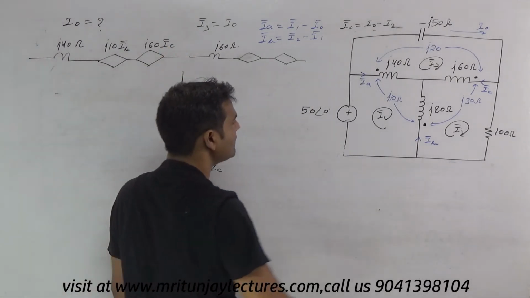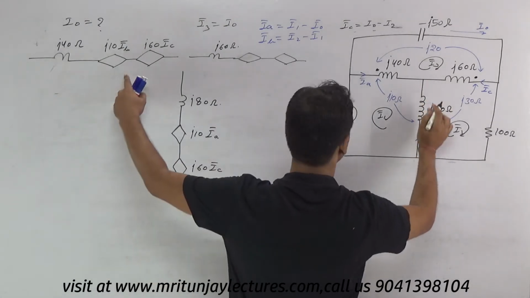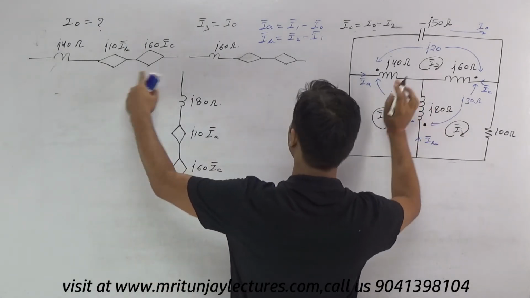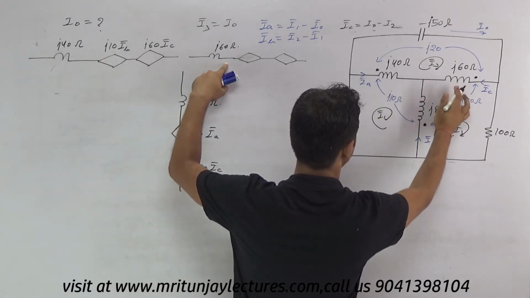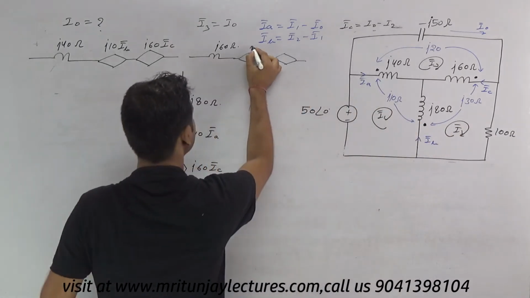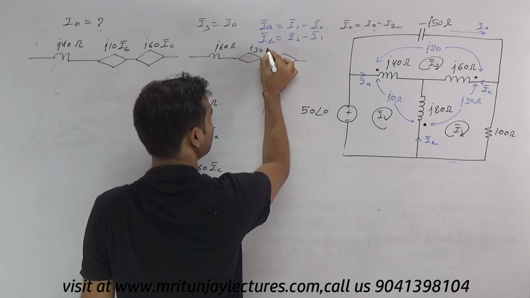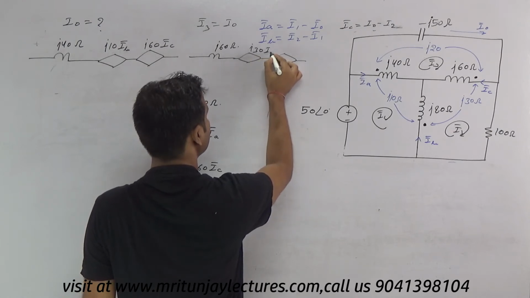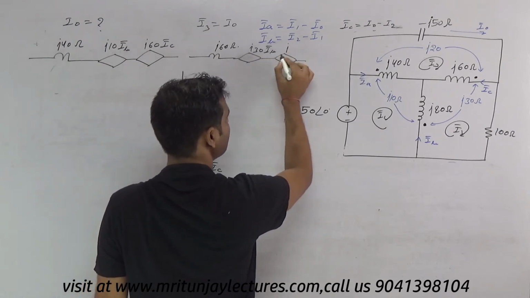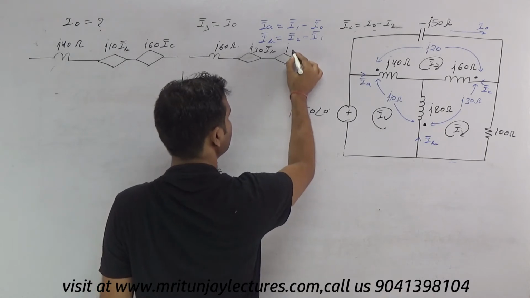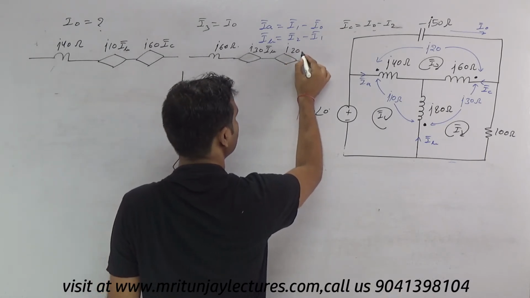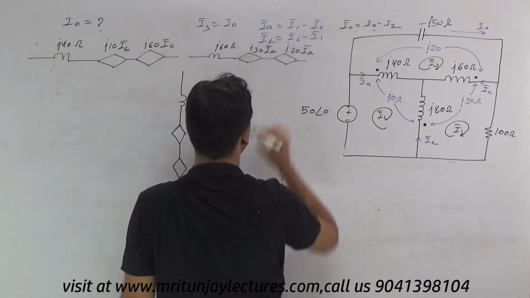Okay. Now here J30 into IB and J20 into IA. Clear?